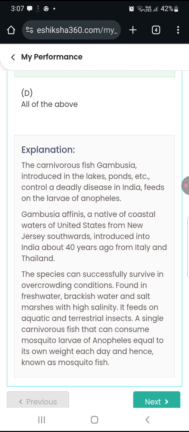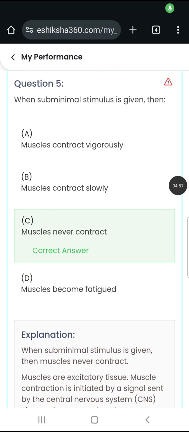It feeds on aquatic and terrestrial insects. A single carnivorous fish can consume mosquito larvae of Anopheles equal to its own weight each day, and hence is known as mosquito fish.